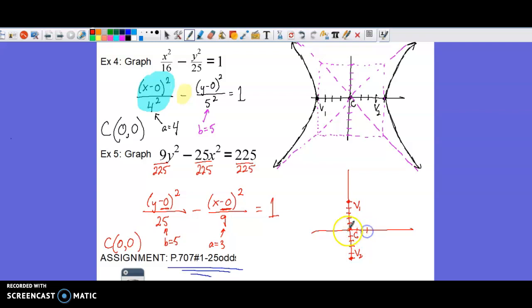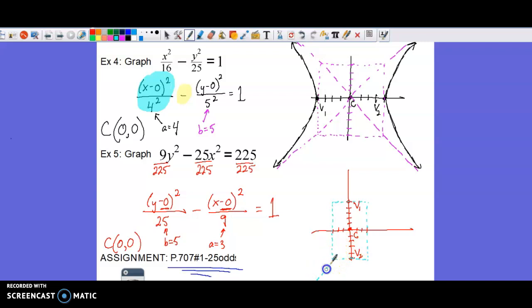1, 2, 3. 1, 2, 3. So how do we get the best graph? Well, what I like to do is make that box just like what I did earlier. Kind of like we were doing the ellipse, except it's a box instead of that circular.